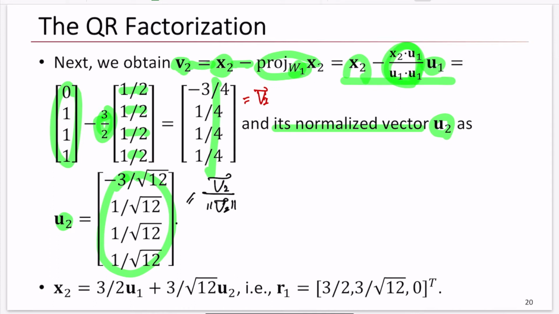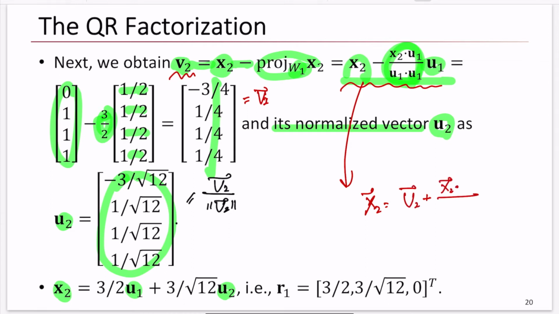From here we want to represent vector x2 in terms of u1 and u2. How? From this one and this one, we can represent x2 as v2 plus the inner product of x2 with u1 times u1.